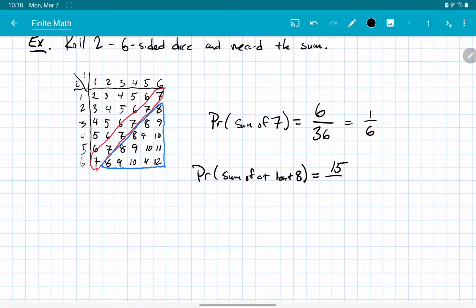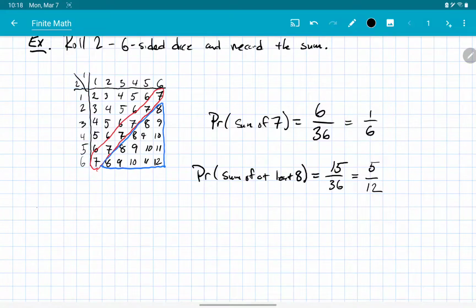This would be 15 over 36, which is reducible to 5/12. So not quite 1/2, a little less than 1/2. Any questions about these examples?